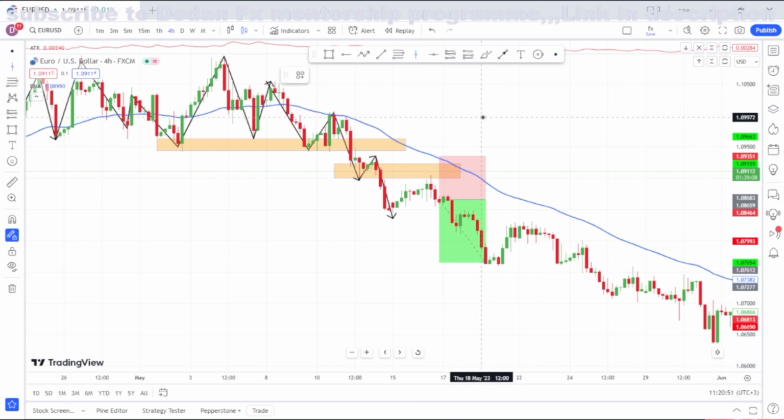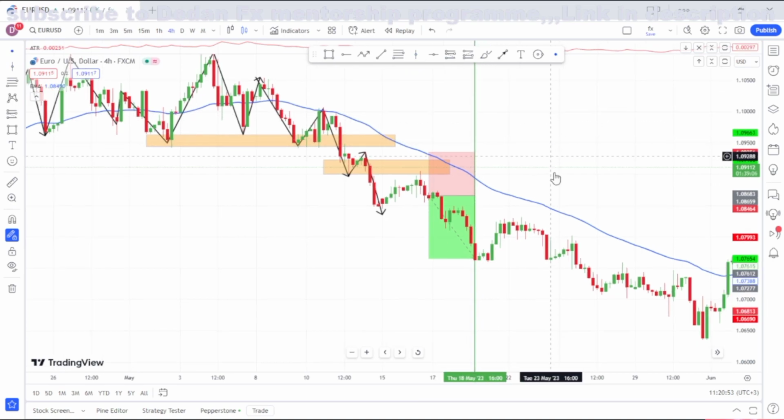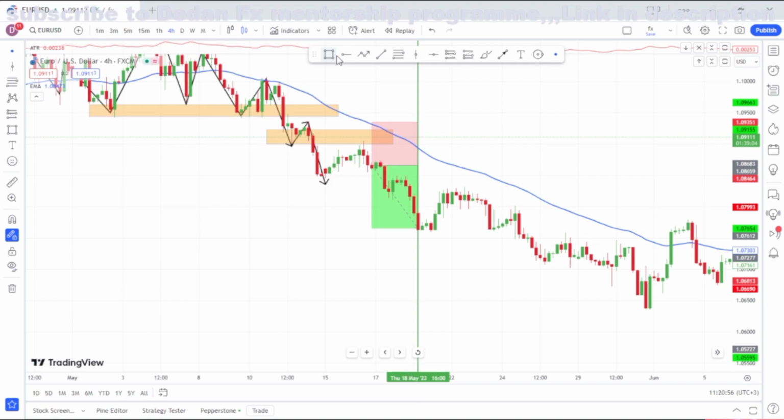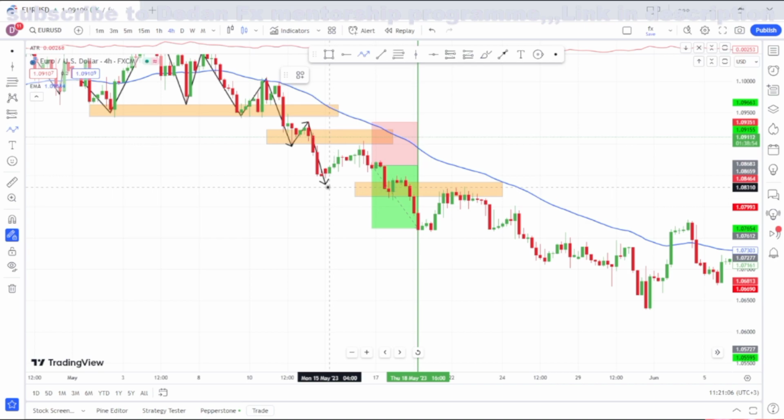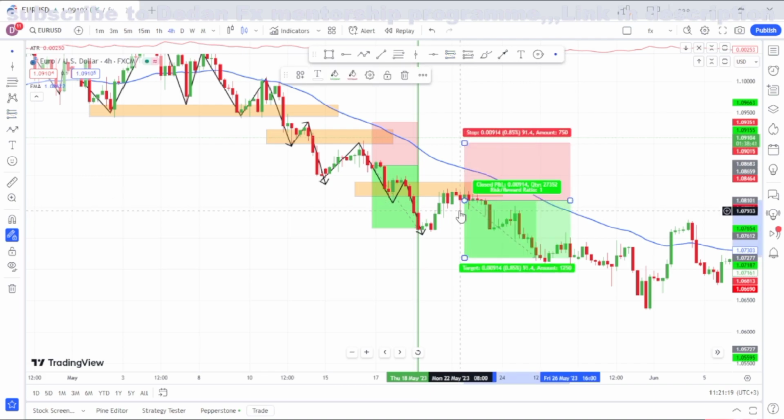All these trades we are taking on the 4 hour. After we hit our TP, we check which is the current zone that was broken. It was that one. We expect price to come back to that zone and give us two trend continuation candles, and that is exactly what price did.